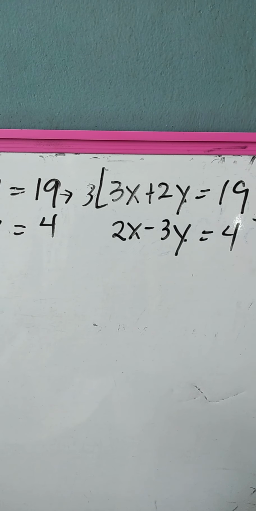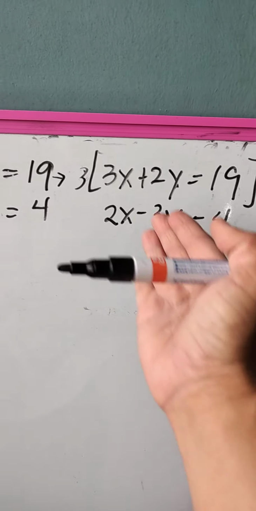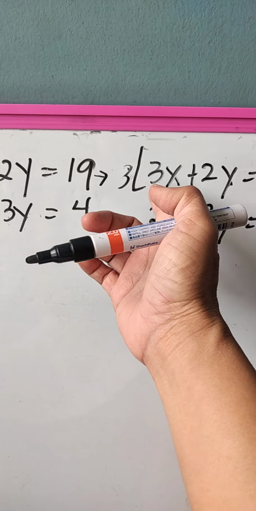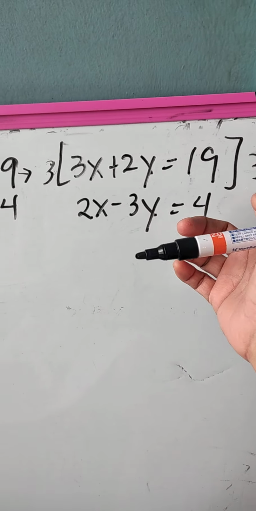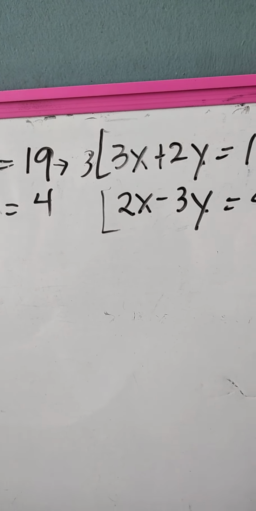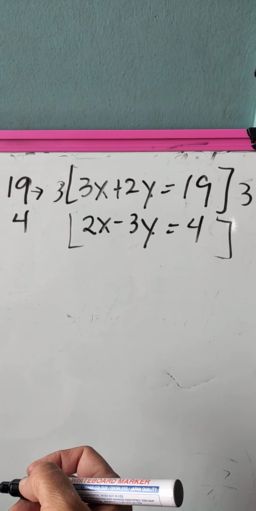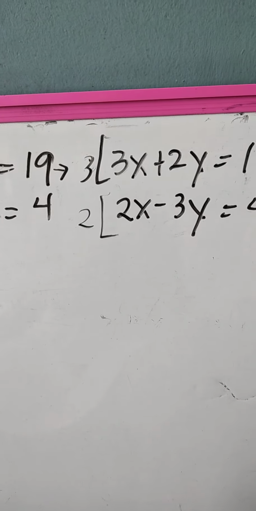Remember the rule still applies: what you do to the left, you do to the right. If you multiply 3 on the left side, you will also multiply 3 on the right side. Here, what will I multiply to negative 3 to end up with 6? It's 2.